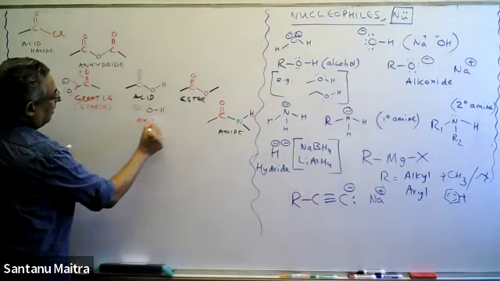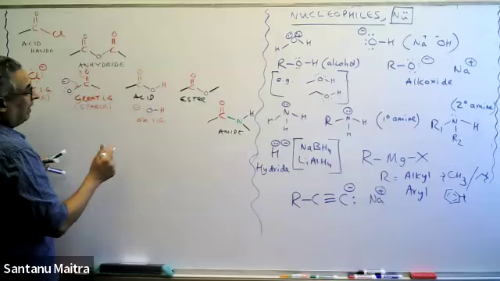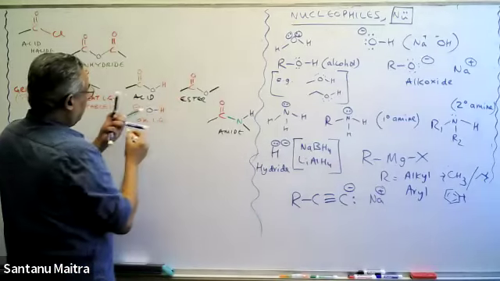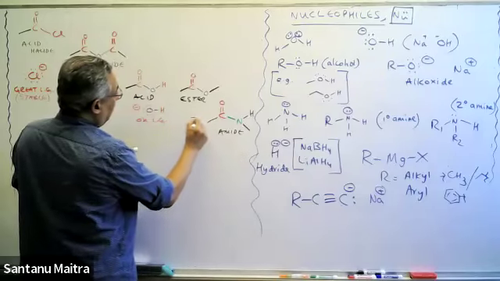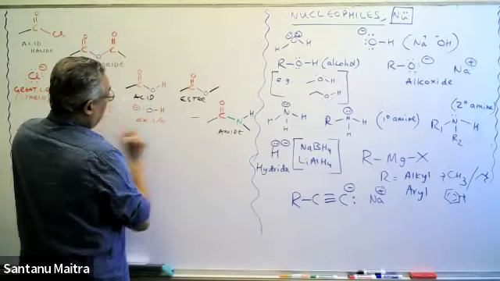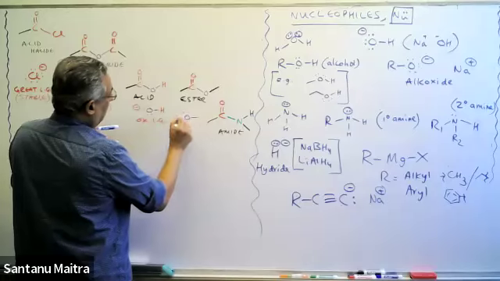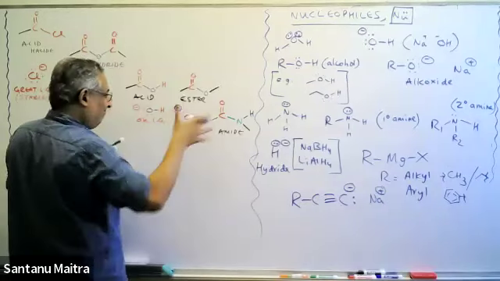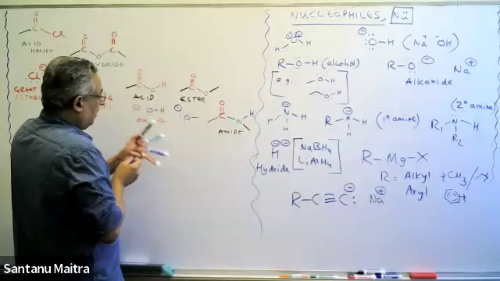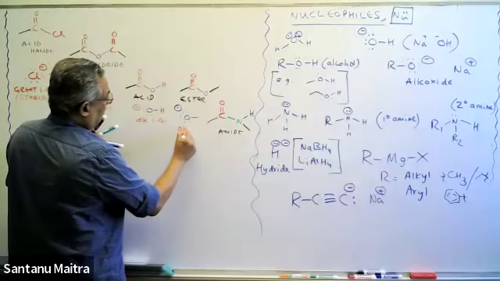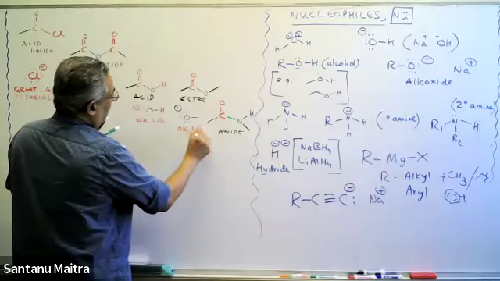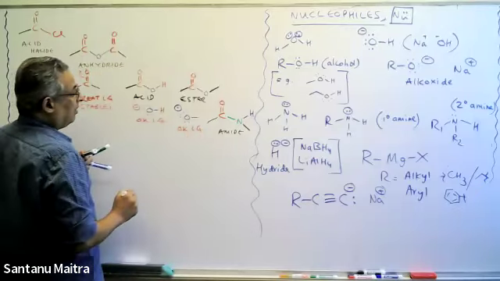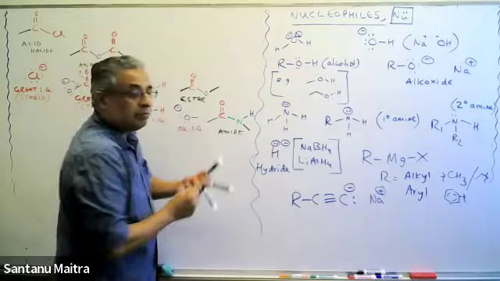Leaving group, not that stable. In this case, the leaving group is going to be methyl and an oxygen. Not so good. Leaving group, not so stable. This dude sucks.